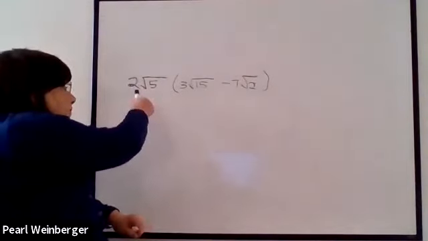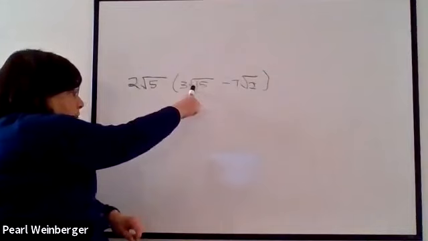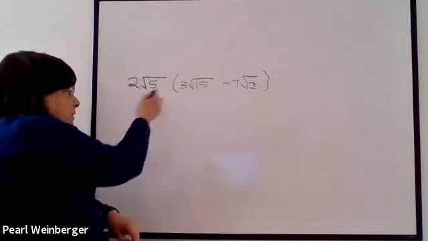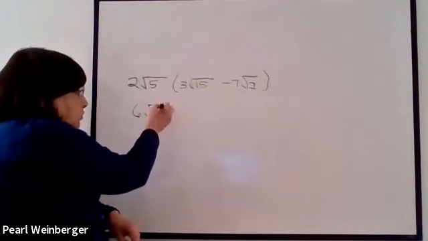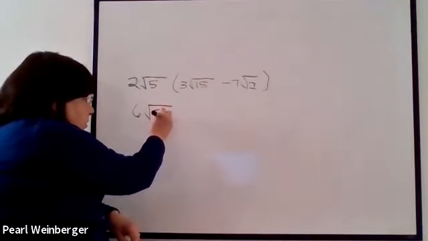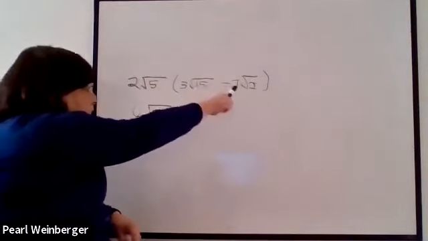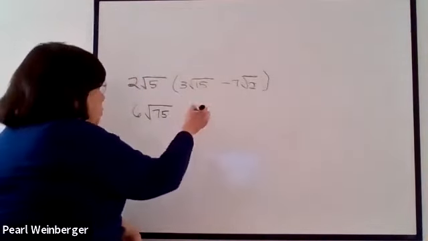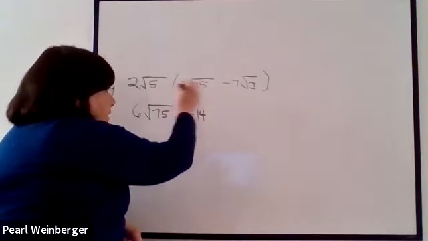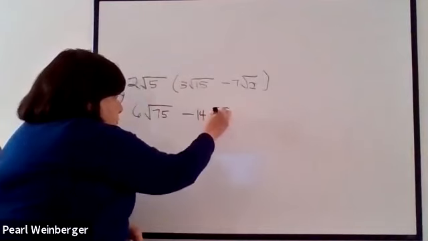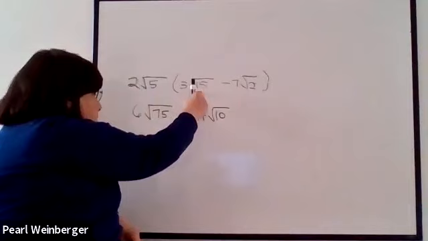In other words, I have to multiply the 2 radical 5 times 3 radical 15, which will give me 6 radical, well, 5 times 15 is 75. And then we have to do the 2 radical 5 times the negative 7 radical 2, which will give me negative 14 radical 10. Notice, I multiply the numbers outside together, the numbers inside together.